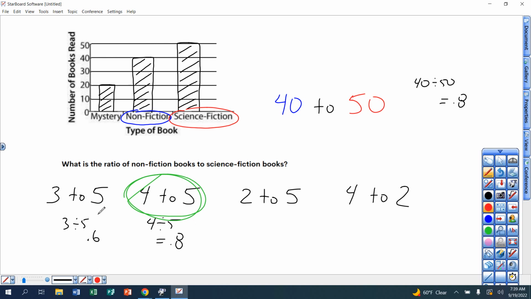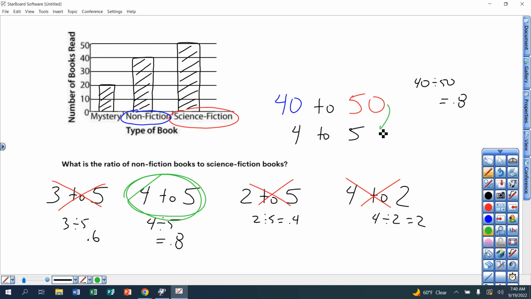None of these other ones have the same value if I divide them. 2 divided by 5, that has a value of 0.4. 4 divided by 2 has a value of 2. So I could see none of these had the same value, only 4 to 5. And again, another way to do that is take that 4 to 5 and realize again what I'm doing.